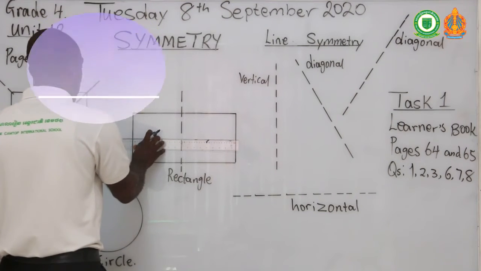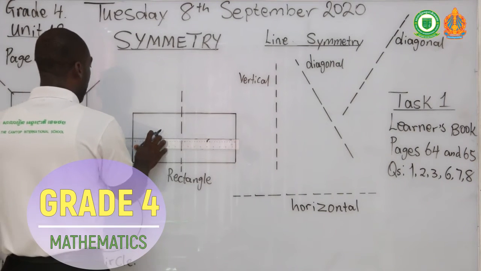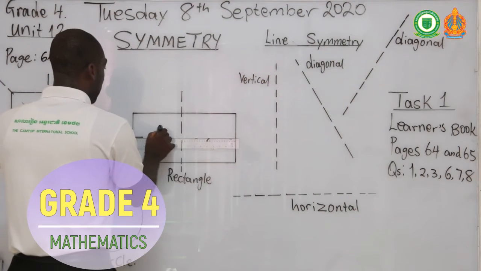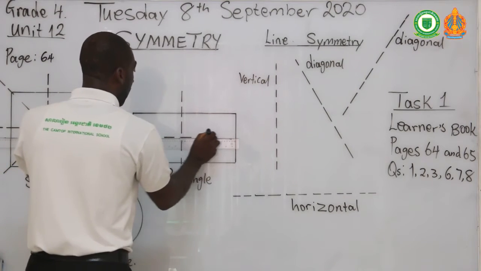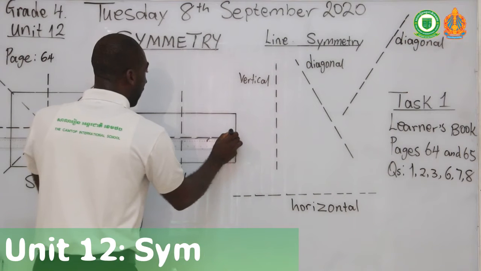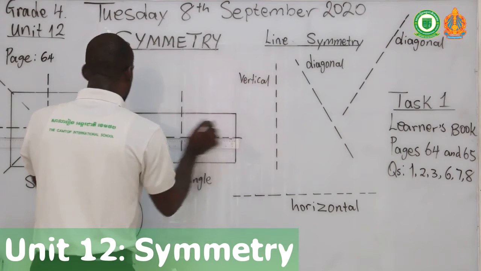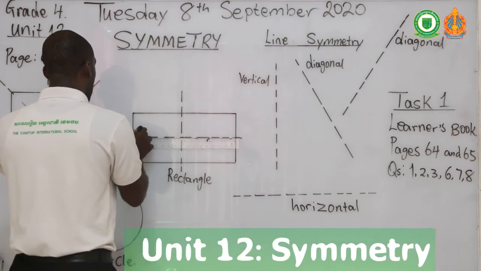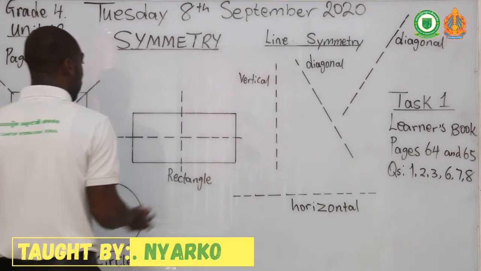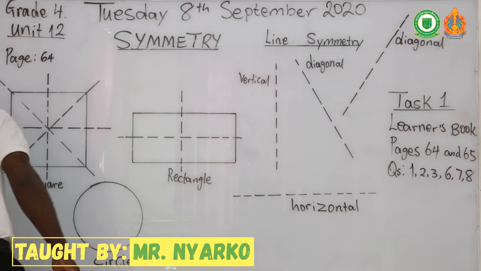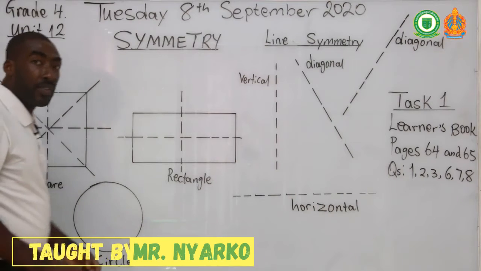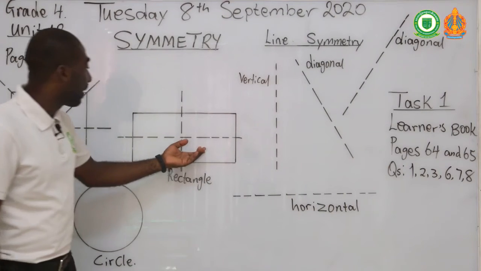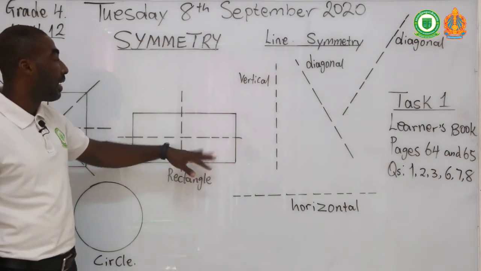I think it has to go a little bit up. Okay, so we are in the middle. Always make sure your line goes over the boundaries of your design, okay, so that we know that you are getting the halves of it. Okay, so with a rectangle, this is the line of symmetry that we can make.